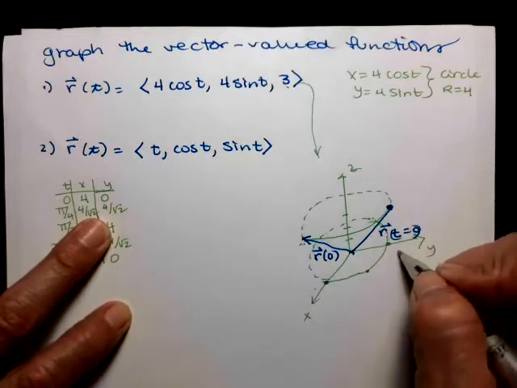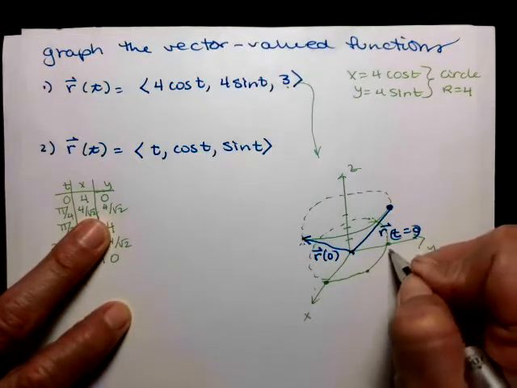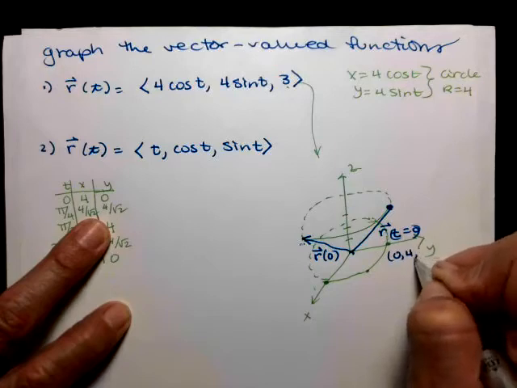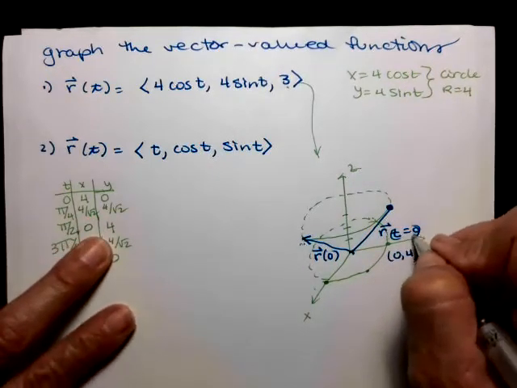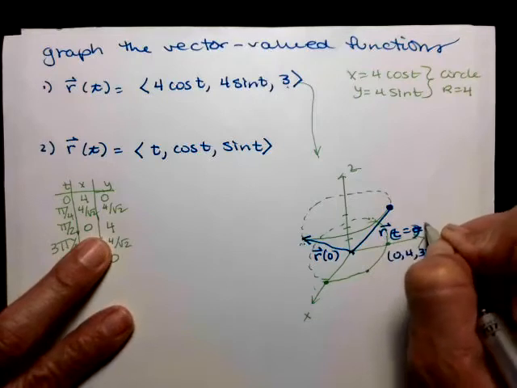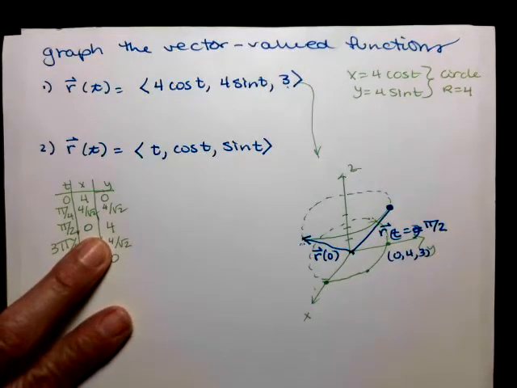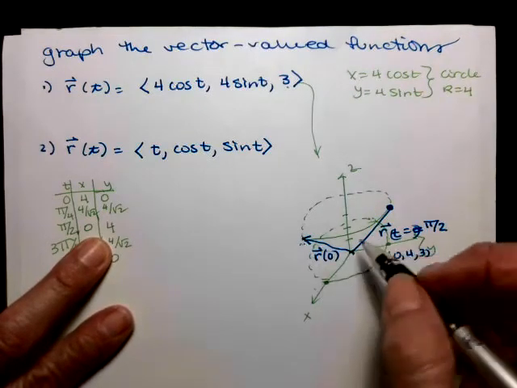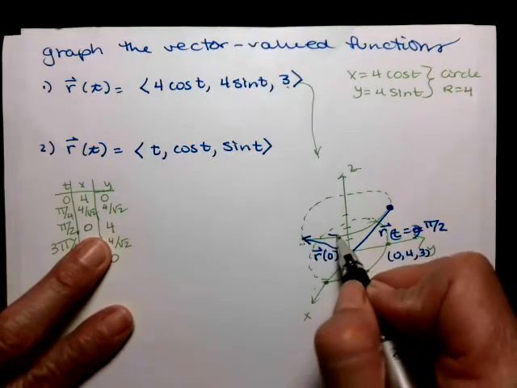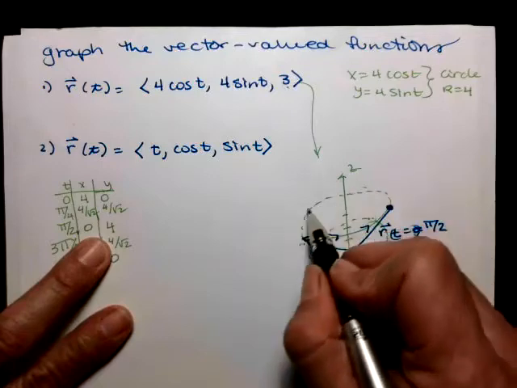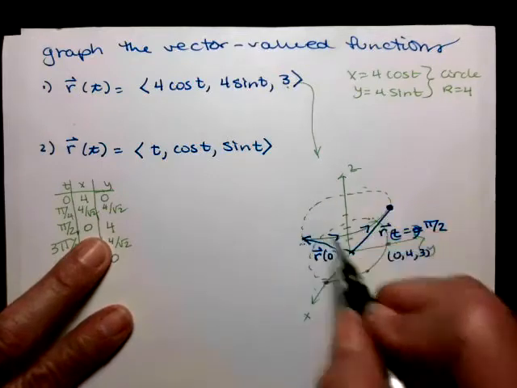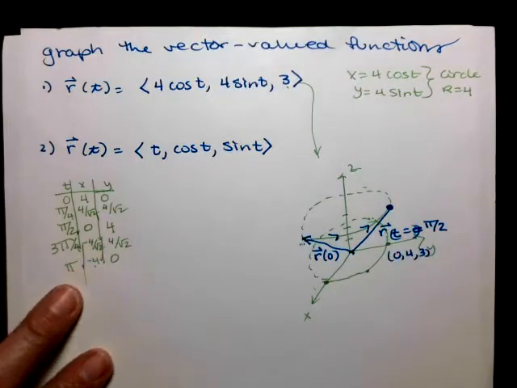This one over here, when I had my y of 4, so 0, 4, 3, that point up here, that was when my t was pi halves. So I'm starting here and then moving in this direction. So these vectors are just swooping around and tracing out this circle that's up 3.